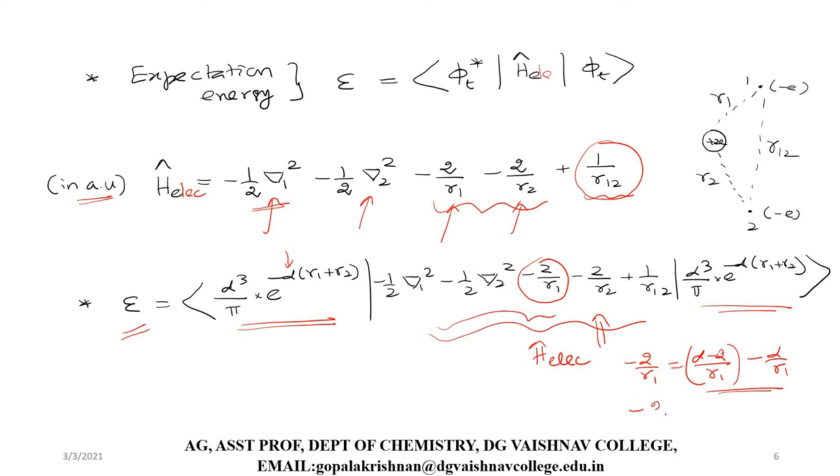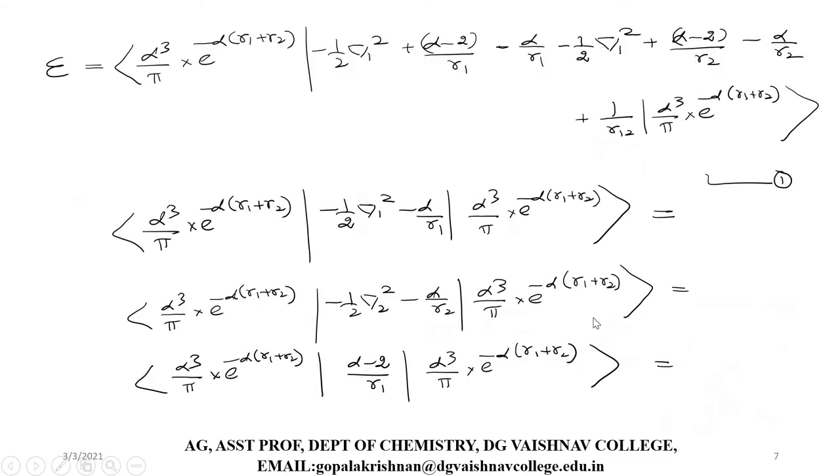Similarly, we can write minus 2 by r2 as alpha minus 2 by r2, minus alpha by r2. So I am going to replace minus 2 by r1 with alpha minus 2 by r1 minus alpha by r1, and minus 2 by r2 with alpha minus 2 by r2 minus alpha by r2. If I substitute these values, what will I get?